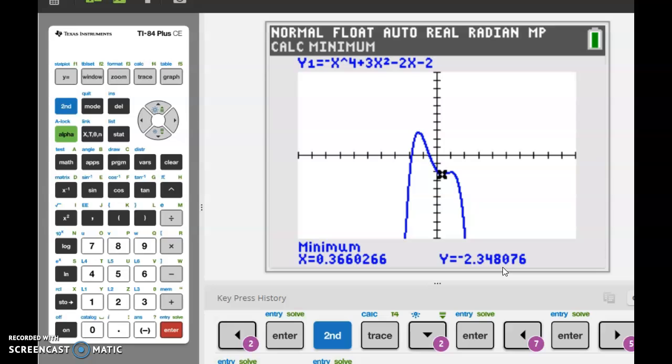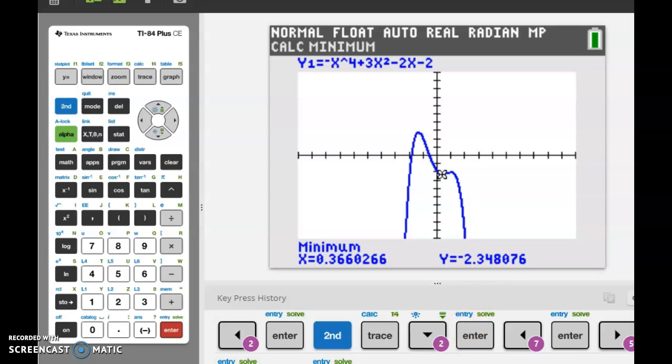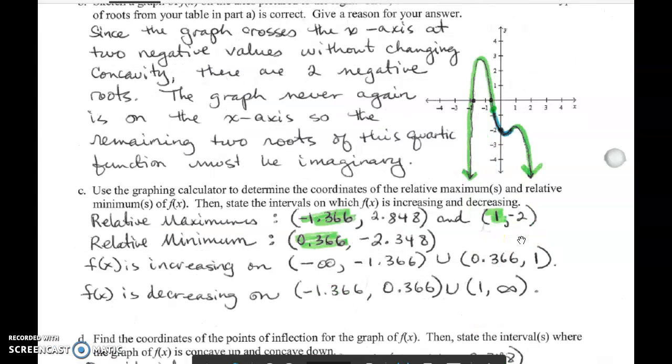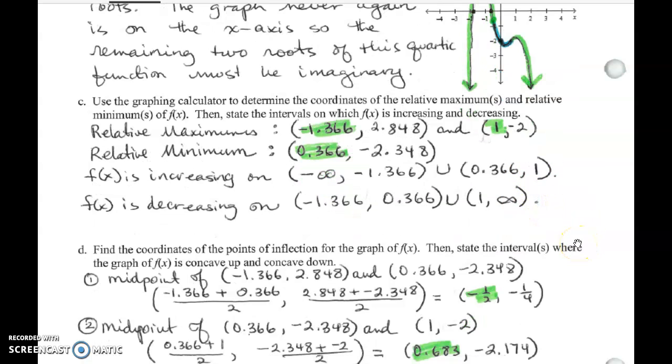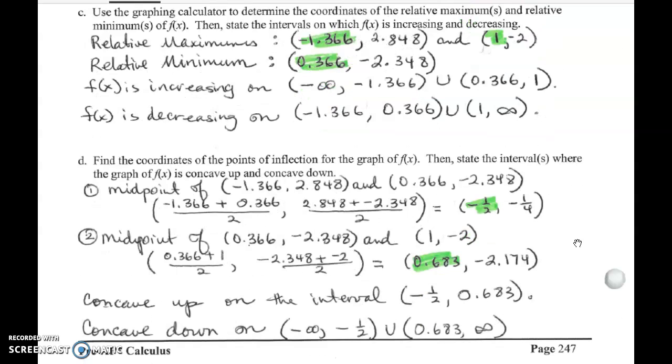So just as I typically do, I'm going to go to your answer key and share with you the answers. And the reason why we're asking you to do that is then to ask you for points of inflection again. Remember, we're piecing everything together in section 9.